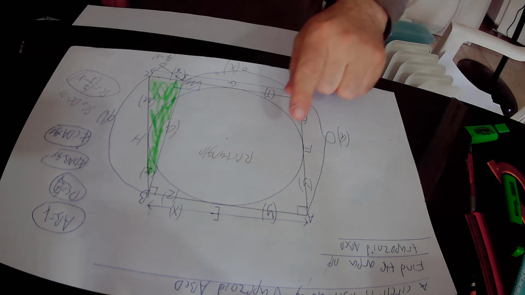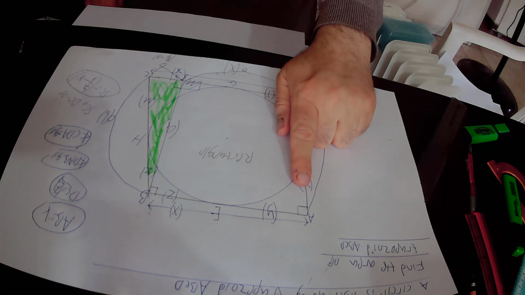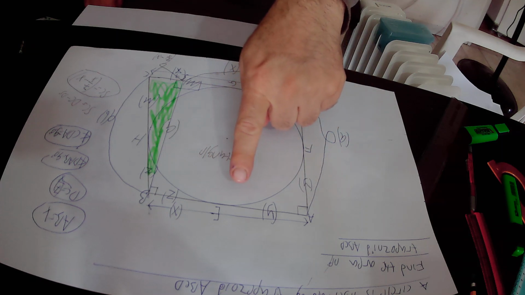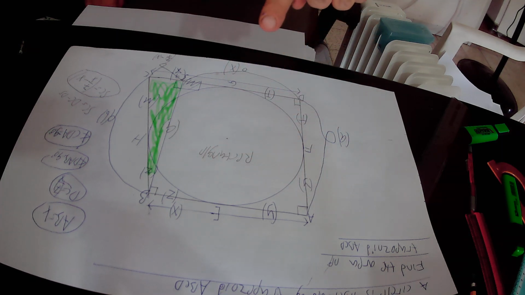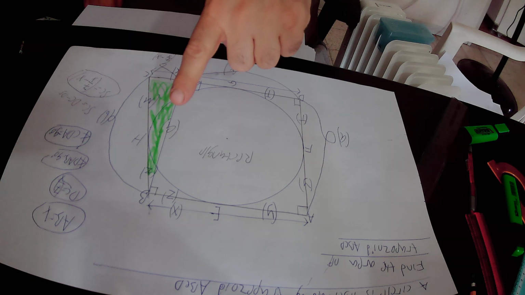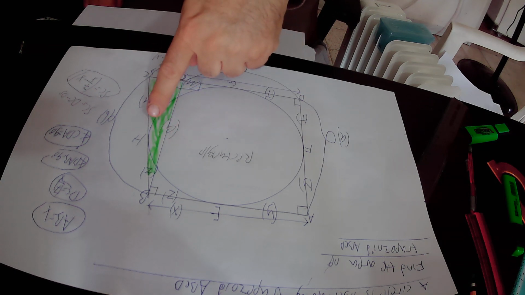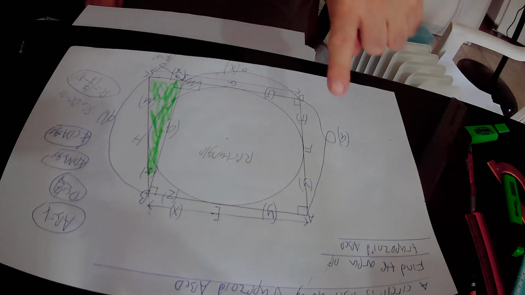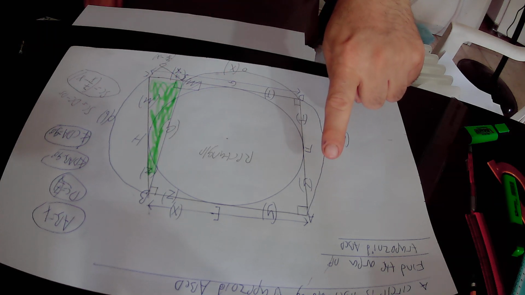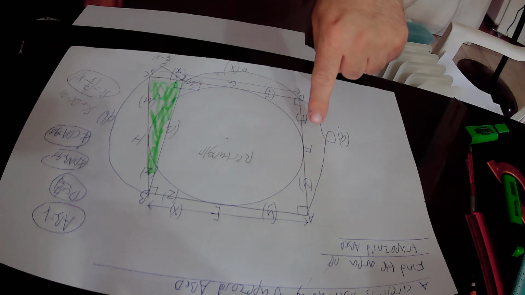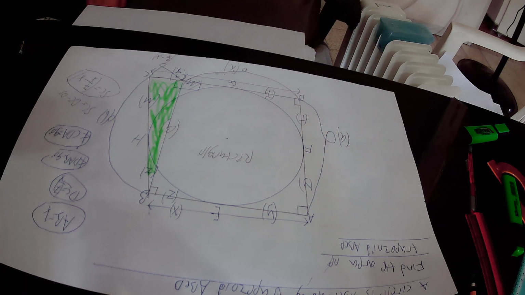We defined the point of tangency of side AB with this circle, this point, as E. Likewise, we defined the point of tangency of side BC with this circle, this point, as H. We defined the point of tangency of side AD with this circle, this point, as F. And finally, we defined the point of tangency of side DC with this circle as G.